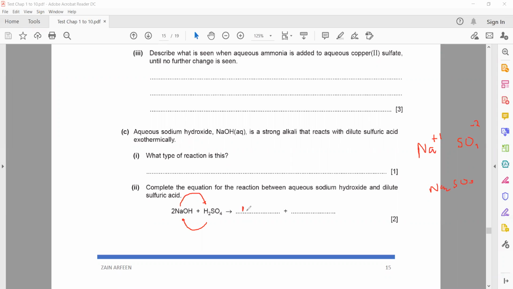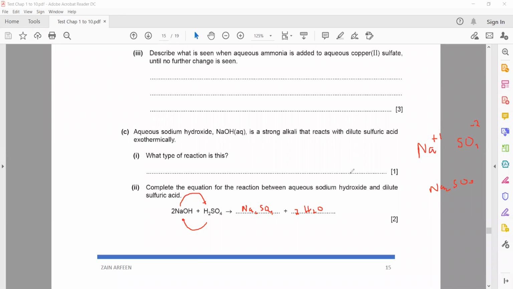So this will be Na2SO4 plus H2O, because when acid reacts with alkali, it results in the formation of salt and water. So we put 2 here to balance hydrogen and oxygen. All are balanced.